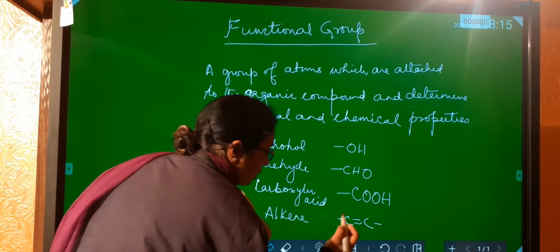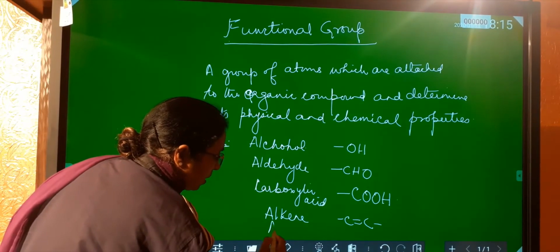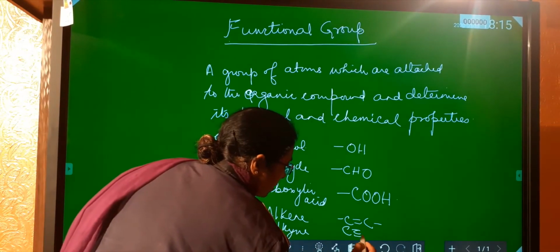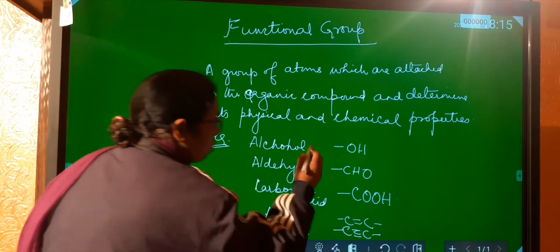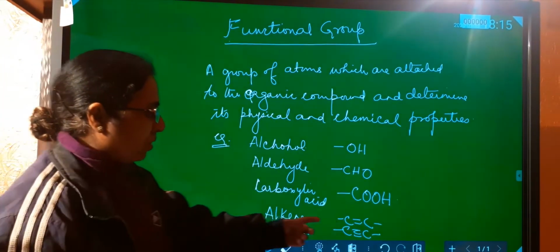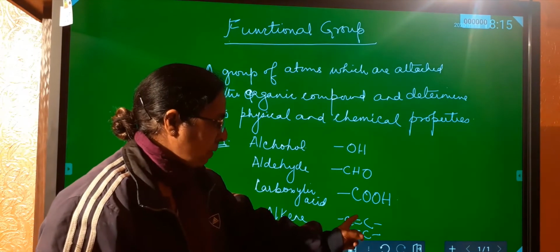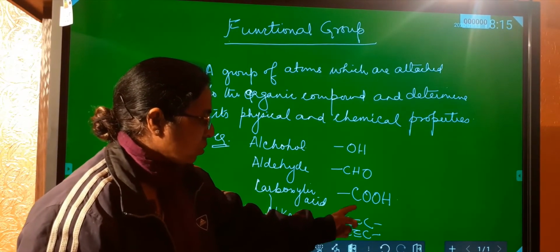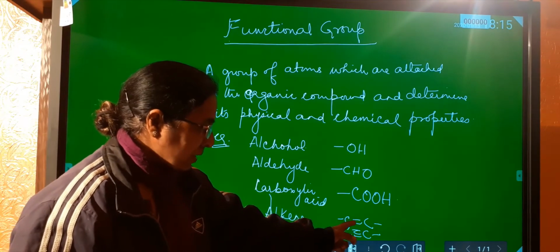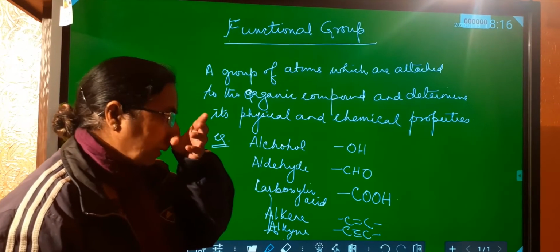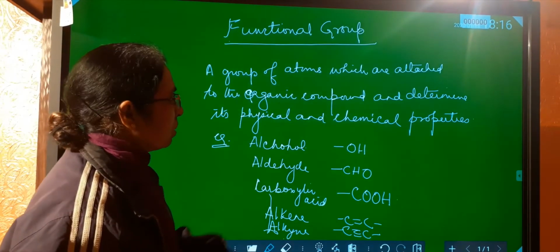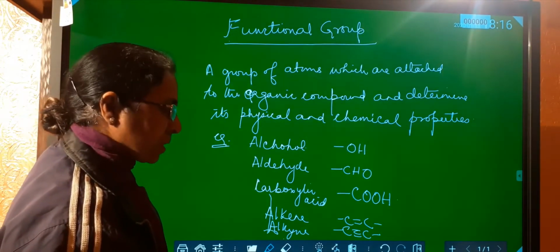So this also becomes a functional group. Similarly, if it is an alkyne, then we have a CC triple bond. So the properties of the compound will depend upon the presence of this OH or CHO or COOH, or as such double bond or triple bond.